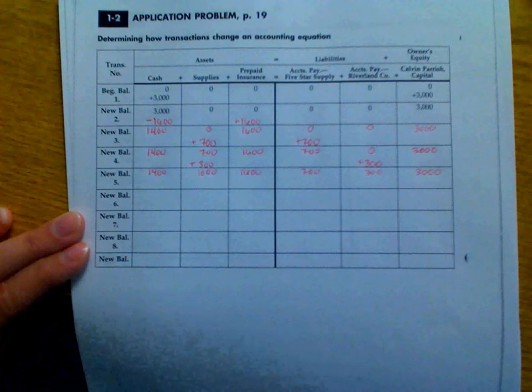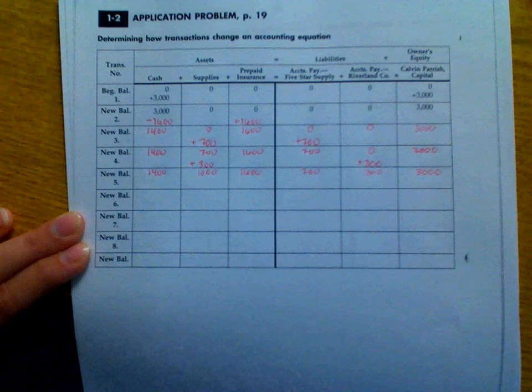Okay, number 5, paid cash on account to 5-Star Supply, $700. All right. So Kyle, what two accounts are going to be affected? And? Accounts payable what? 5-star.